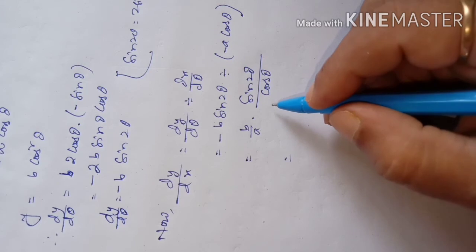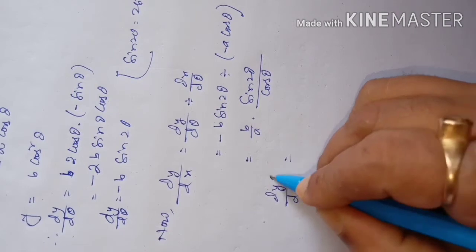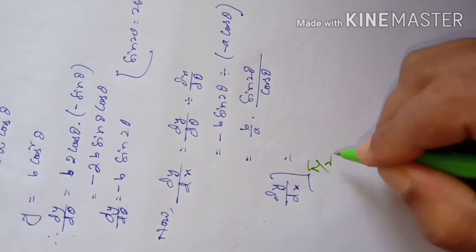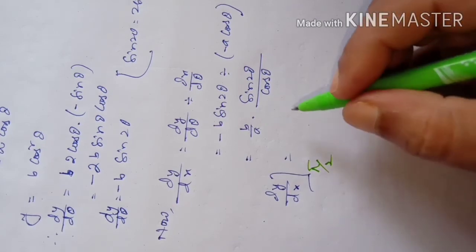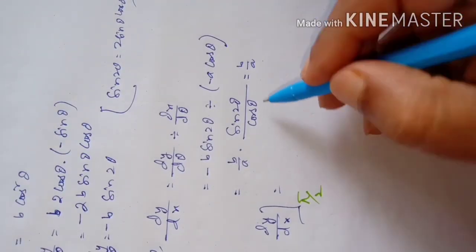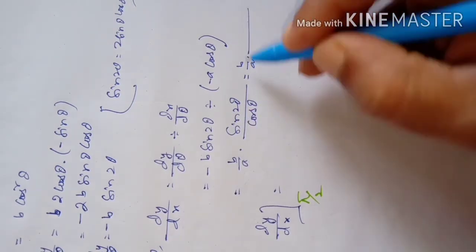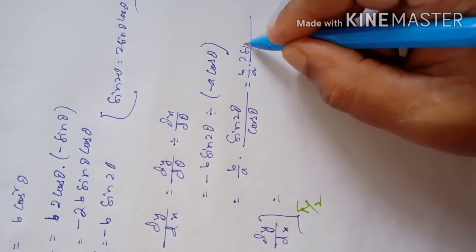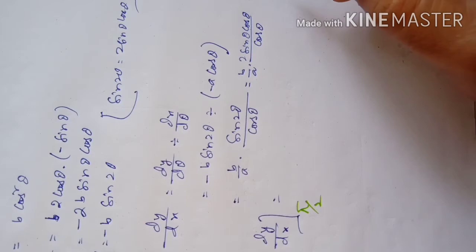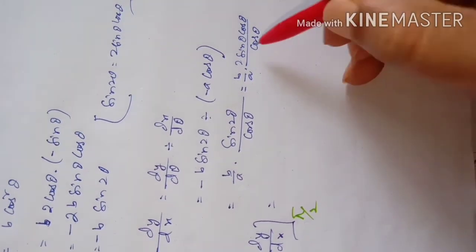Since theta is pi by 2 given, we need dy by dx at pi by 2. Since here is cos theta, we can avoid this cos theta by writing sin twice theta once again as 2 sin theta cos theta, and this cos theta will get cancelled.